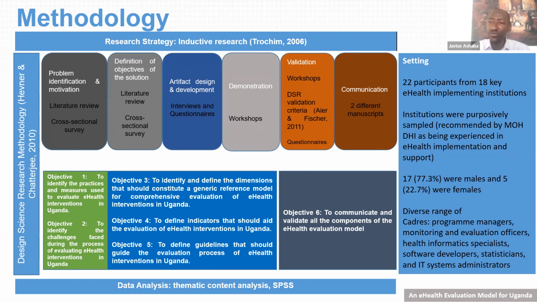We managed to interact with 22 participants who were again involved in implementation, evaluation, and use of such eHealth tools. These institutions were guided, their selection was purposive, being that we were guided by MOH, as these were the institutions involved in implementation of eHealth.